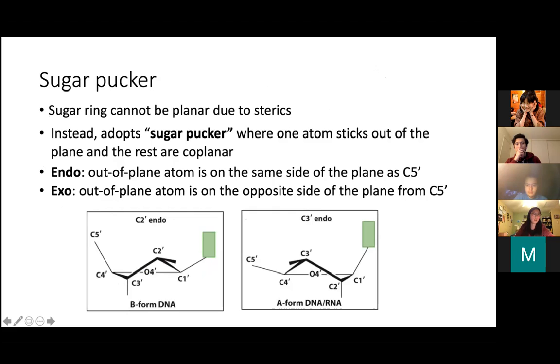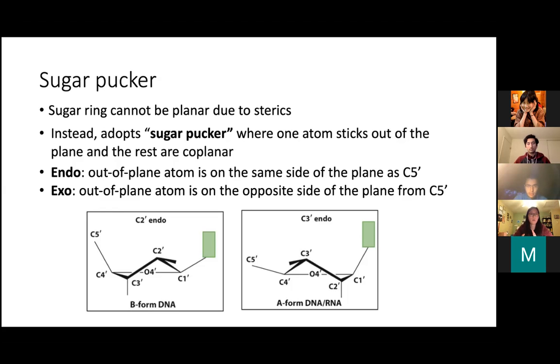The second way that we describe the conformations of DNA and RNA is what is called the sugar pucker. As you talked about in lecture, the sugar ring cannot be planar, because if it was, there would be too much steric clash between the different substituents of the sugar.